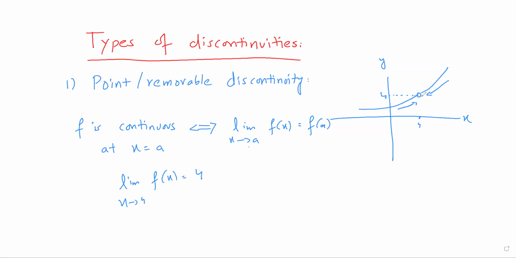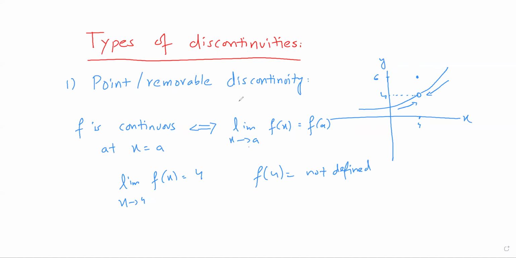But the actual value, f of 4, is not defined, or it could be defined as some other value, like 6. In both cases, the limiting value is not equal to the actual value. So we say that it is point or removable discontinuity.